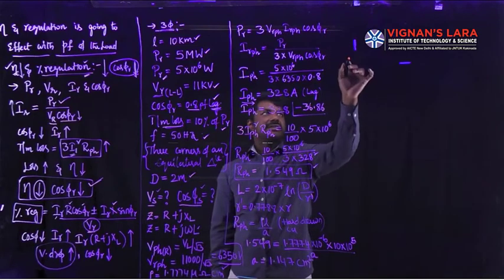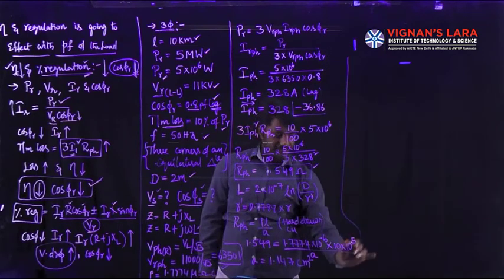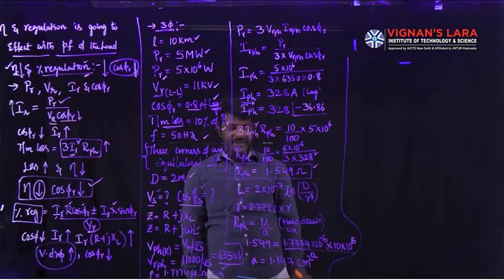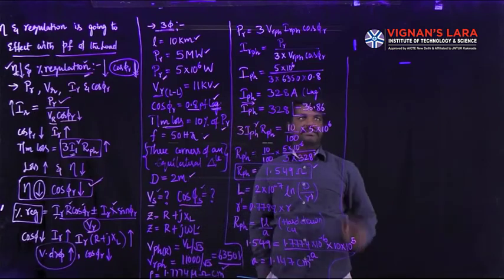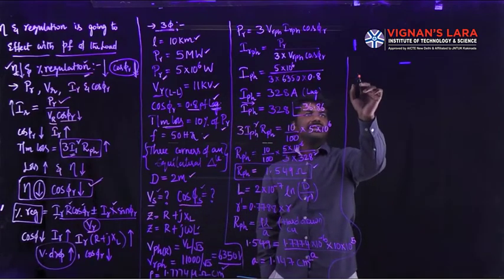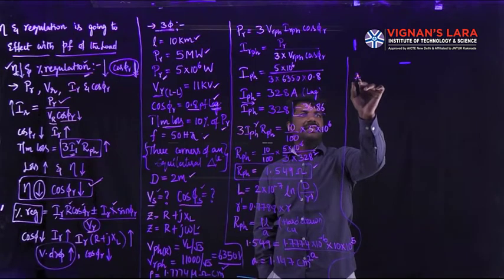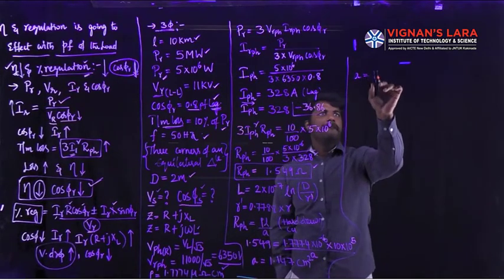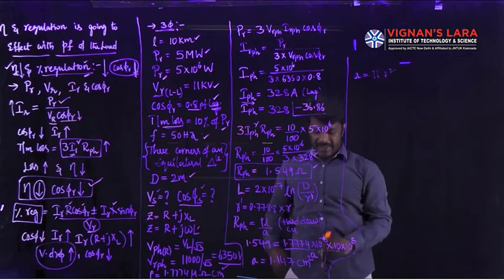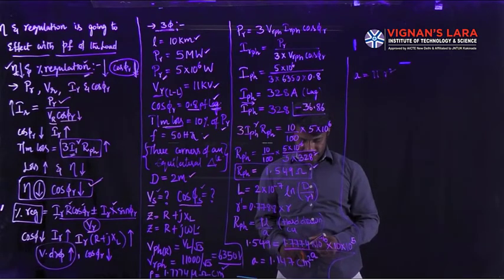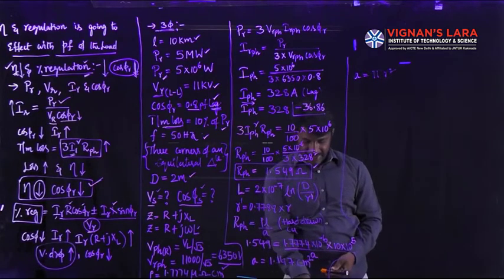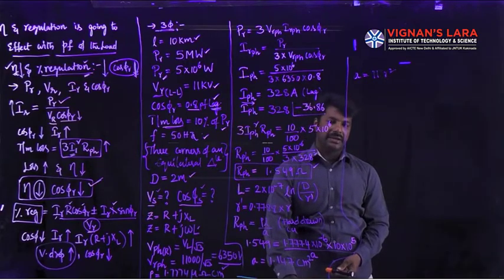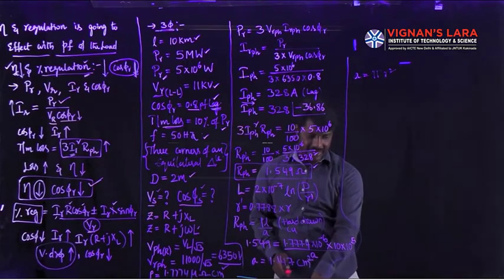After getting the cross-sectional area of the conductor, we have to calculate the radius. As we know, circular conductors are used here. Then the area of the conductor A is equal to pi r square. From that we can get the r value.